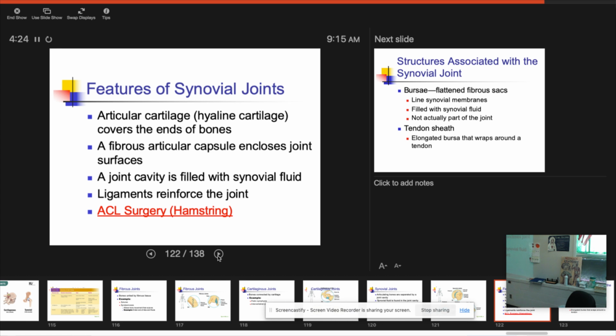There isn't a socket. Your tibia doesn't really fit into a socket in your femur. They're just pulled together with connective tissue, particularly ligaments, a whole series of which are involved there. And we actually have that model of that here.